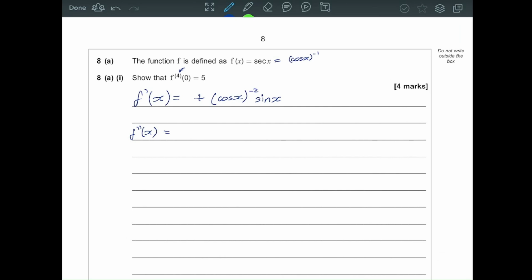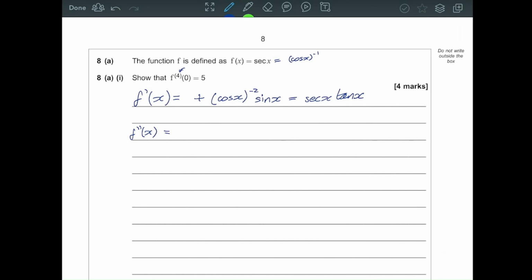Is it worth doing this now as a quotient or as a product rule? This feels quite harsh for only 4 marks. I've got a feeling that I'm going to prefer to write this as sec tan, mostly because the derivative of tan is sec squared, and we now know the derivative of sec is sec tan.